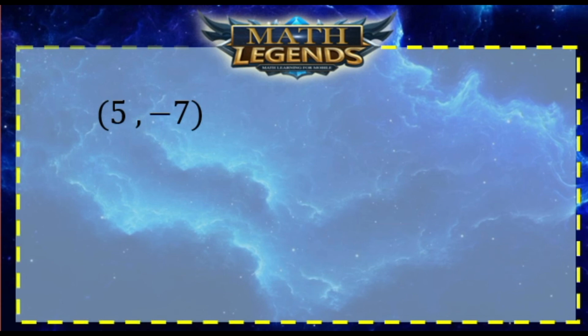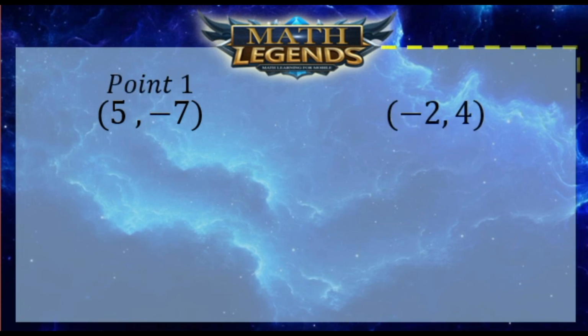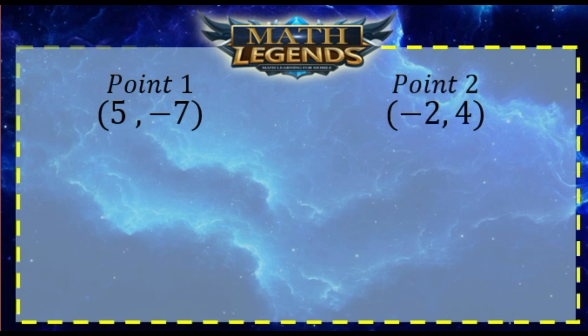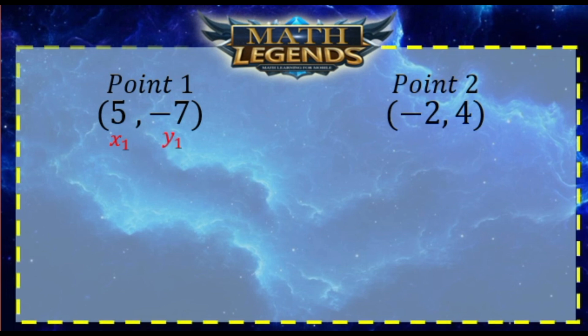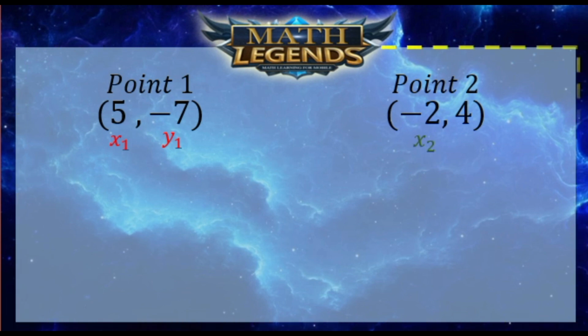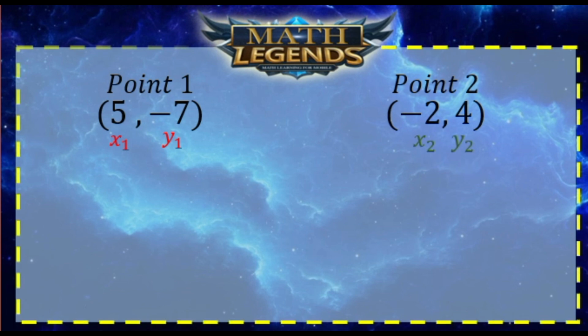We have 5 and negative 7, which is point 1. We have negative 2 and 4, which is point 2. So therefore, x sub 1 is equivalent to 5, y sub 1 is equivalent to negative 7, x sub 2 is equivalent to negative 2, and y sub 2 is equivalent to 4.